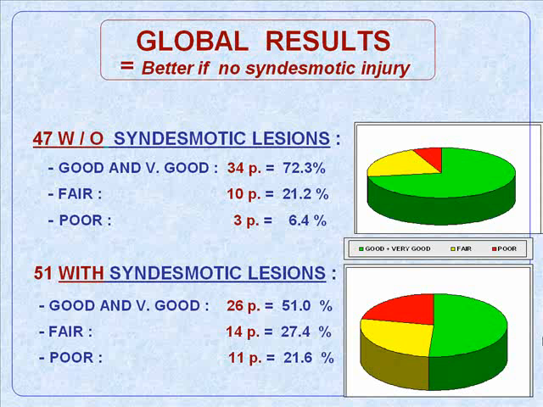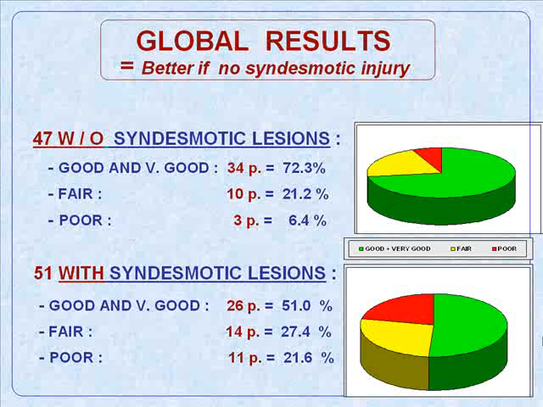The global results show that generally they are better if there is no syndesmotic injury. For instance, in the first group of 47 without syndesmotic lesions, 72% are good and very good, while in the second group of 51 with syndesmotic lesions, only 51% have good and very good results.